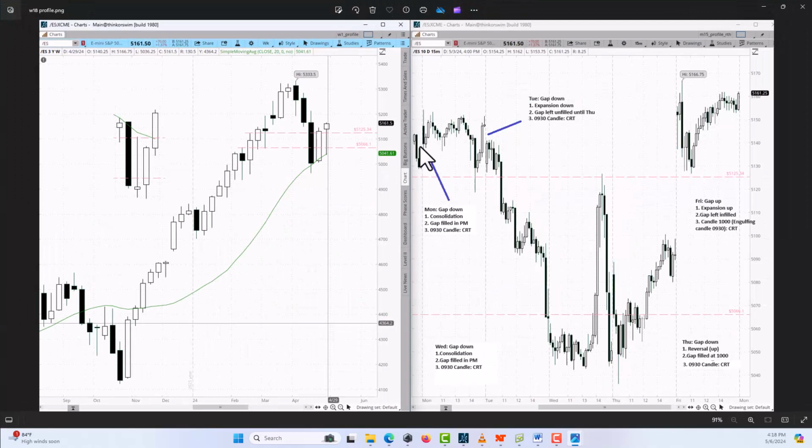So you see the Monday right there, right? It's a gap up, and look at the candle at 9:30. See that? As soon as it breaks down the low of that on Tuesday, it shows up. So basically we see that the Monday has a gap up, has consolidation and the gap fills in the PM, not AM.